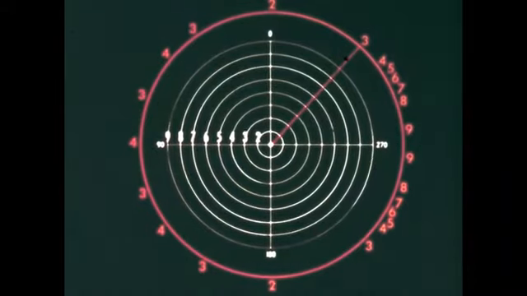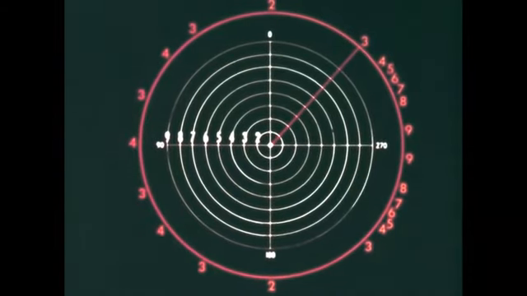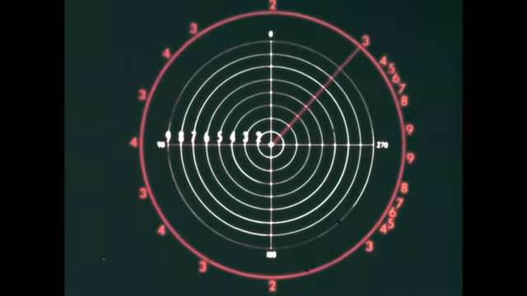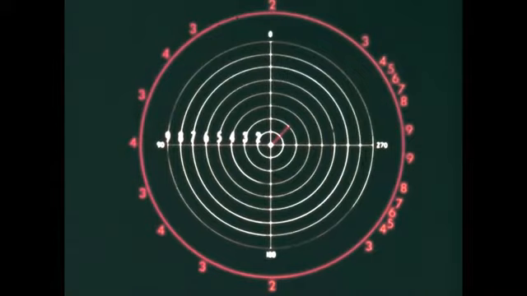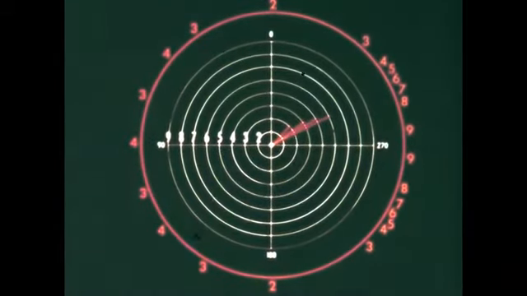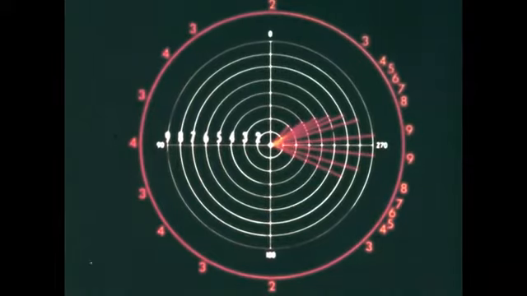Along this line, the field strength on the selected radius is 3. So we cut the line at the circle representing strength 3. Along this line, the field strength is 4. So it is cut at the strength 4 circle. By continuing the plot in this way, we obtain a series of vectors.